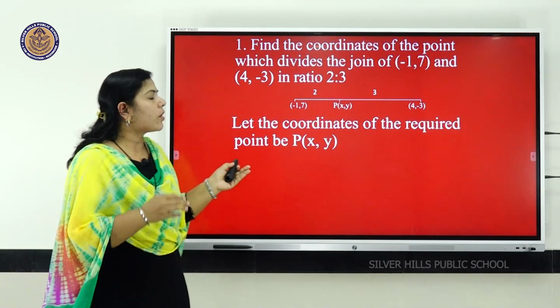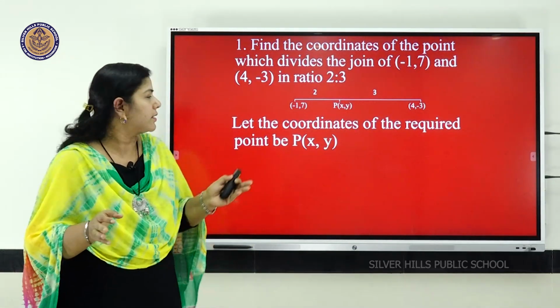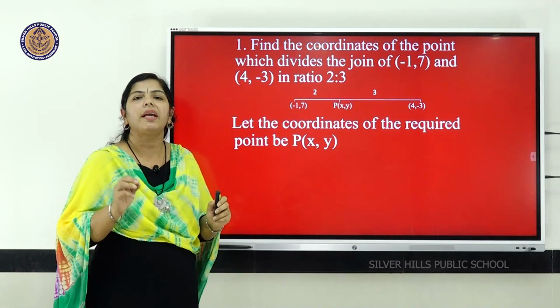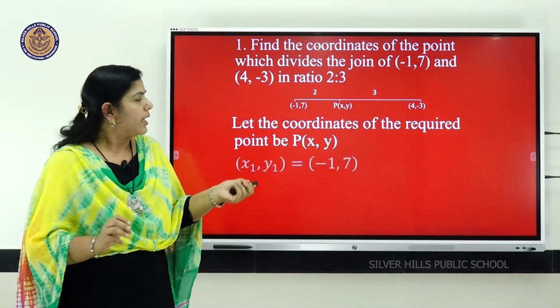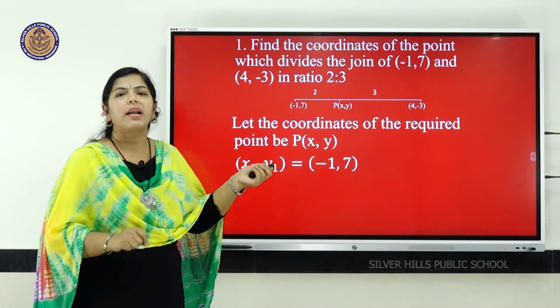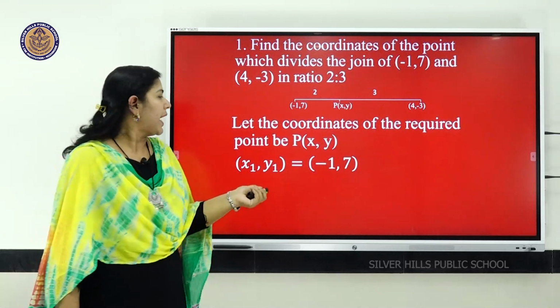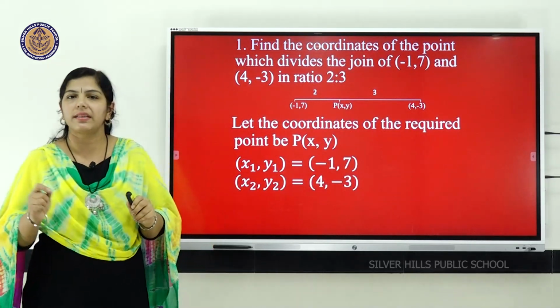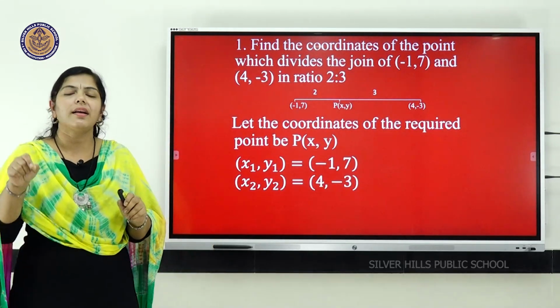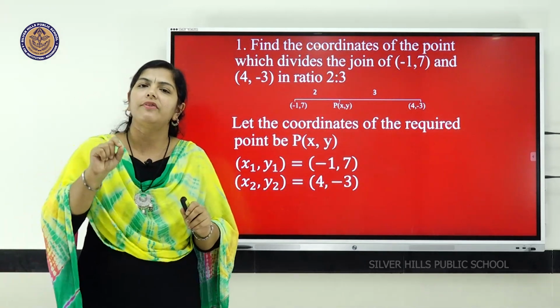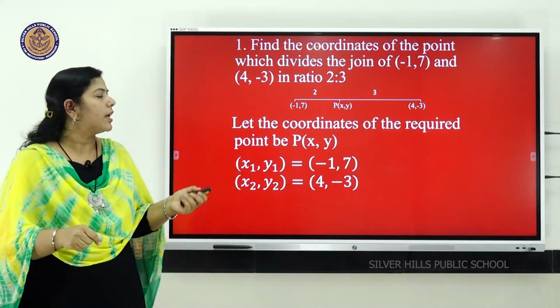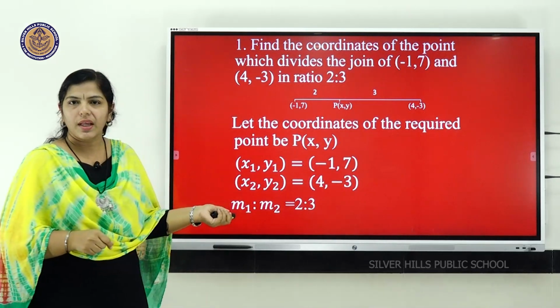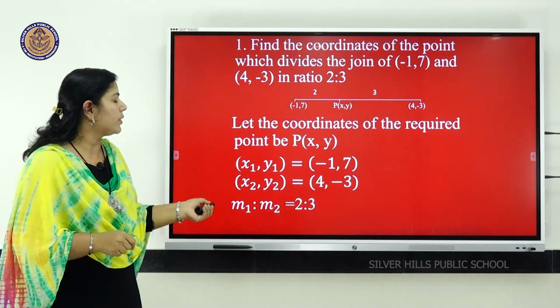Let us take the required coordinates, that is the point of division, let P be (x, y), and given x1, y1 as -1, 7 and x2, y2 as 4, 3. So, to find the coordinates of the point of division P, we use the section formula. The ratio also given as 2 is to 3.